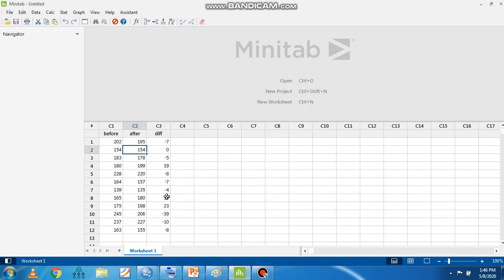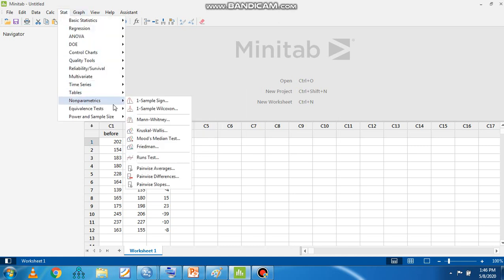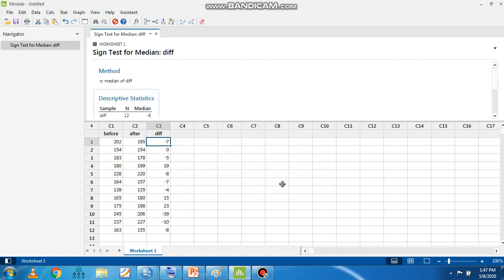We have calculated this difference variable, and then we apply the sign test on this difference variable: Stat, Nonparametric, 1-Sample Sign. The test variable is difference, test median is 0, alternative not equal.